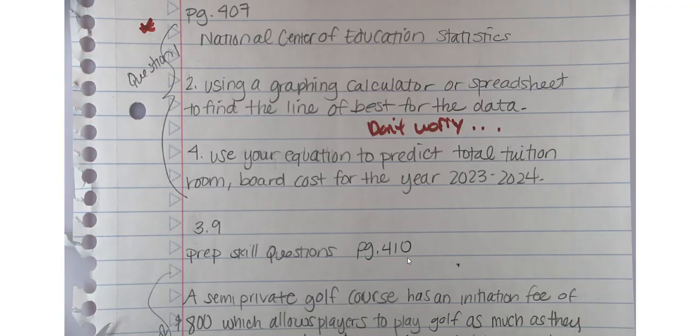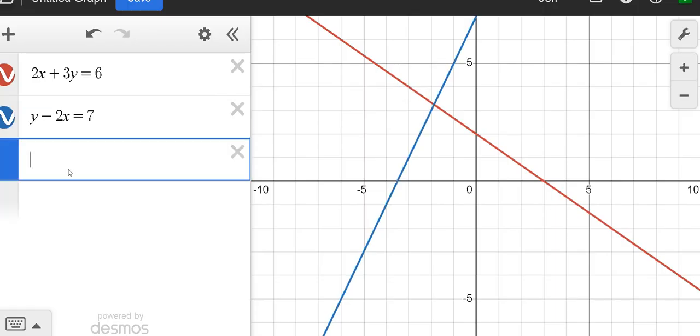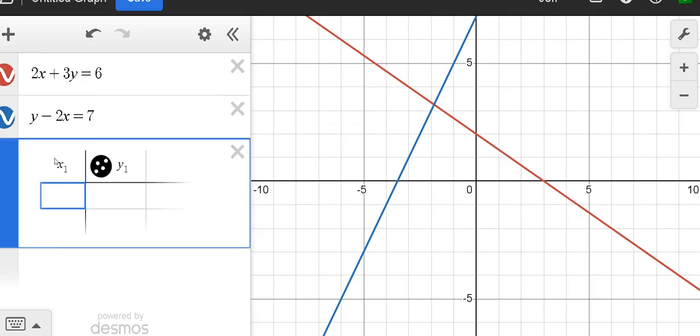But this is not something I'd worry about from a spreadsheet. You can do it. Going back to my favorite platform, Desmos, let me just write a few random points.